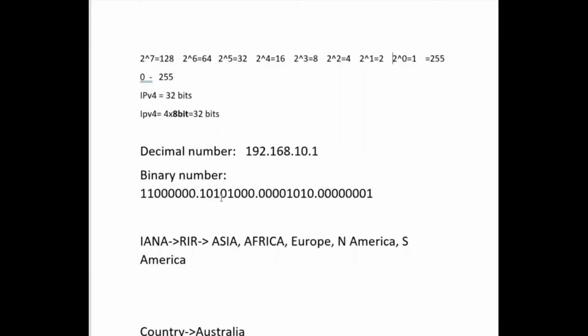So 128 we need, we put 1; 64 we don't need, we put 0; 32 we need, we put 1; 16 we don't need, we put 0; 8 we need, we put 1, and the rest we put 0. Similarly, to get 10 we need only 8 and 2, so we put all 0 except these two, which are 1. To get 1 we put all 0 and the last one is 1.